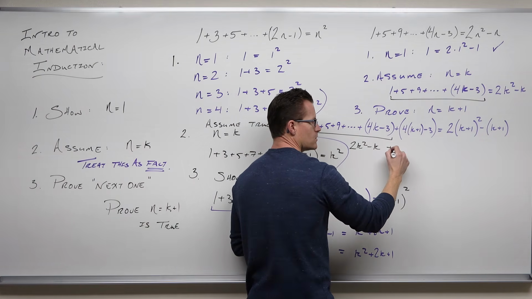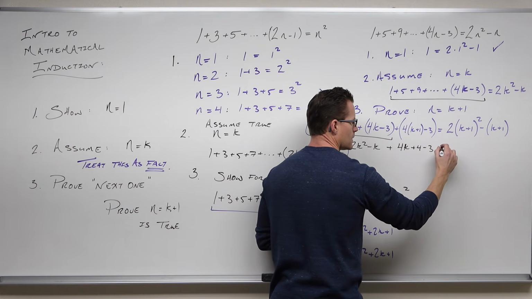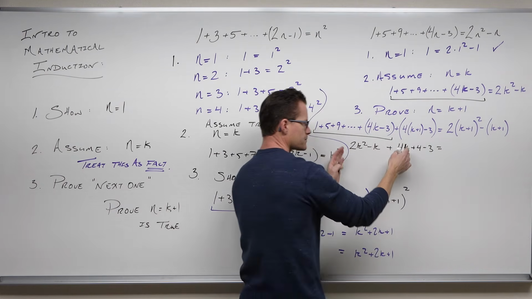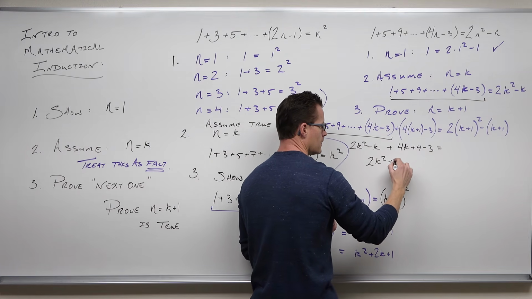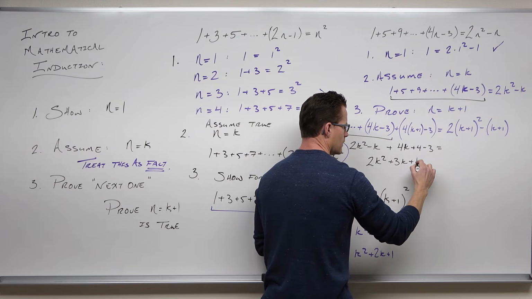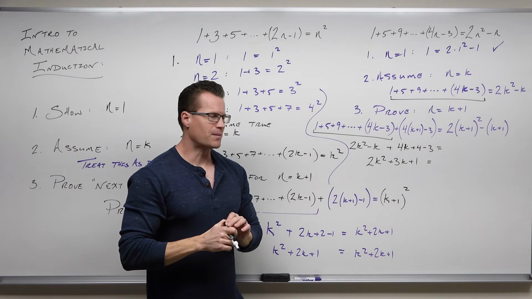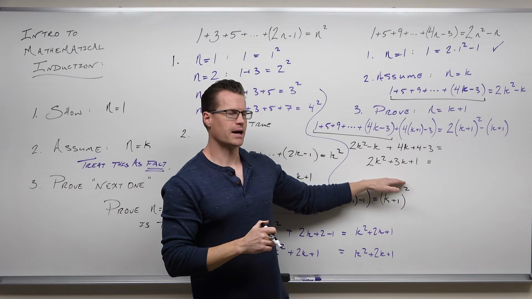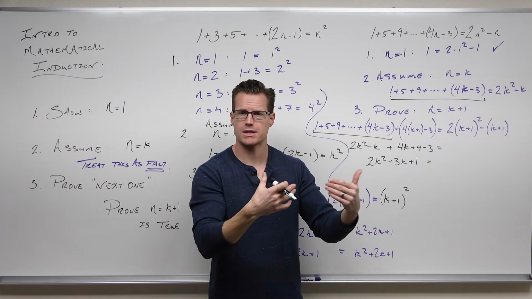This I can distribute. I can simplify a little bit. And you can do a couple things, but what I would recommend is get to this point all combined and then distribute that. Just see if they're the same. That's really the whole point, is make sure that both sides are the same.